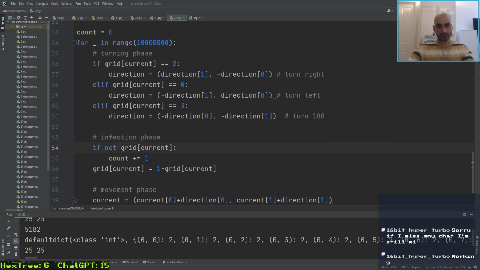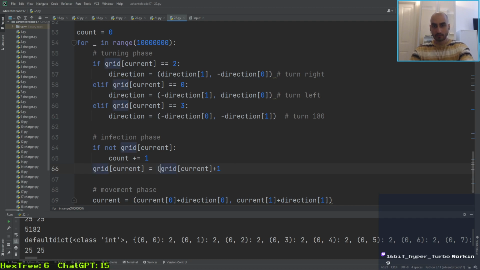How does the infection phase work? Clean becomes weakened, so 0 goes to 1, 1 goes to 2, 2 goes to 3, 3 goes to 0. So that's easy. We just say grid current equals grid current plus 1, modulo 4. That'll wrap around back to 0 after 3.